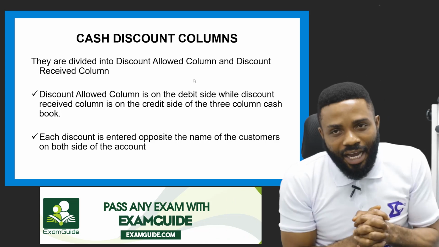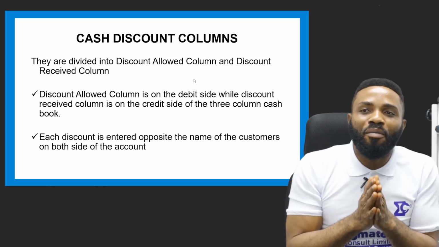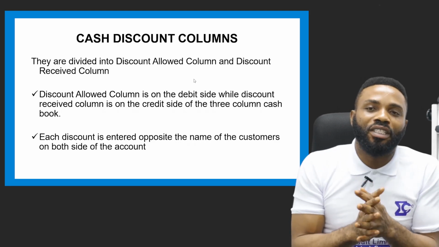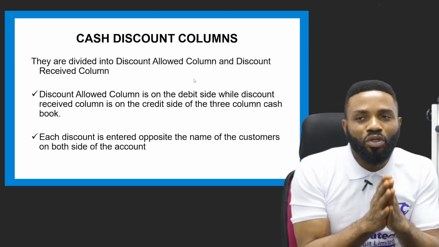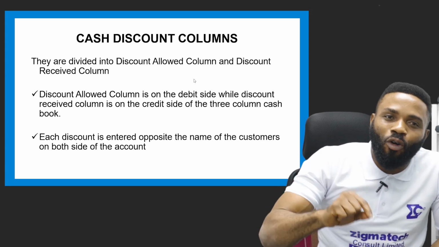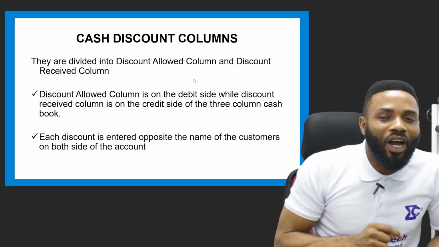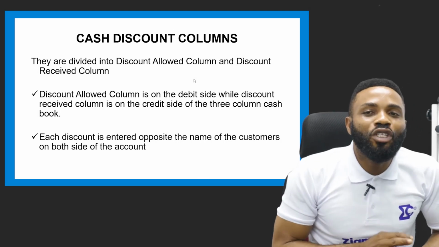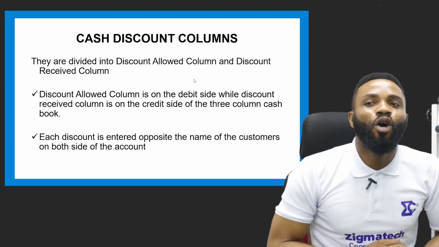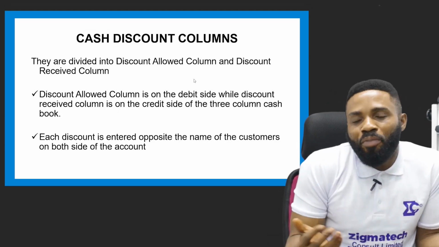We said each discount is entered opposite the name of the customer on both sides of the account. You don't post discount in the cash book without indicating the name of the person. Why? When auditors come to audit your account, they want to find out who you gave this discount to or who gave you the discount. It's for record purposes.